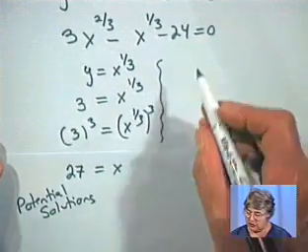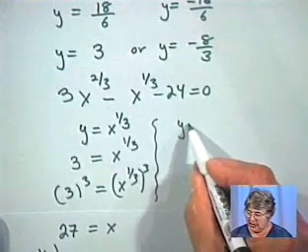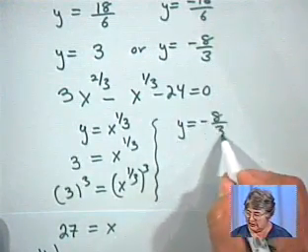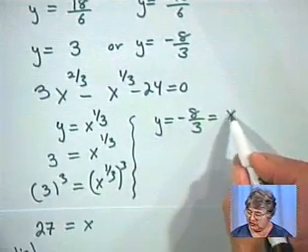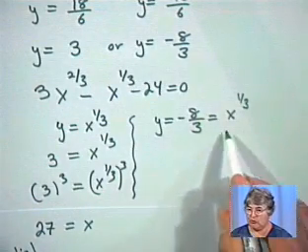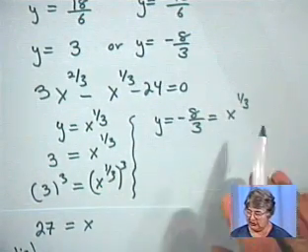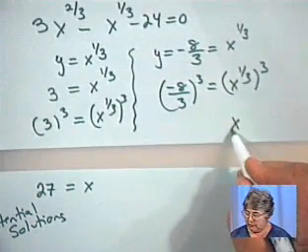The other equation, when we have y equals negative 8/3: if y is equal to negative 8/3, then negative 8/3 equals x to the 1/3. And once again, we cube both sides so that we can get to the x. So we'll have negative 8 cubed on the left-hand side, and on the right-hand side, we end up with x.